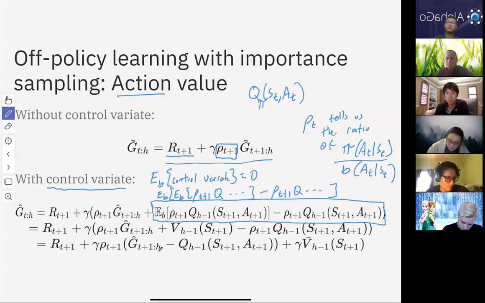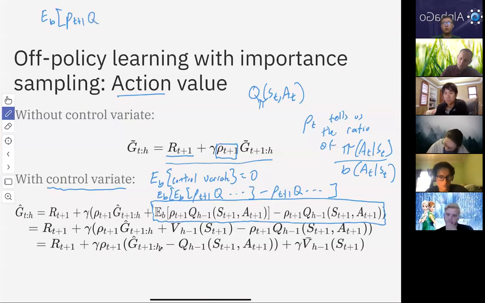Okay. So let's pull that apart a second. If we look at the expectation, and because of the linearity of expectations, we can break apart the difference here. But let's look at this part. So the expectation, according to policy B, of rho sub t plus 1 q.